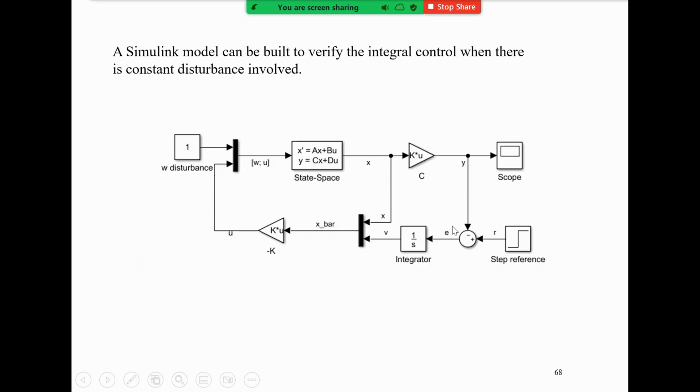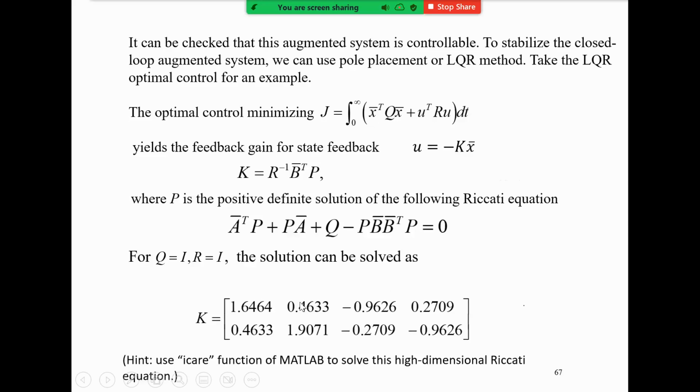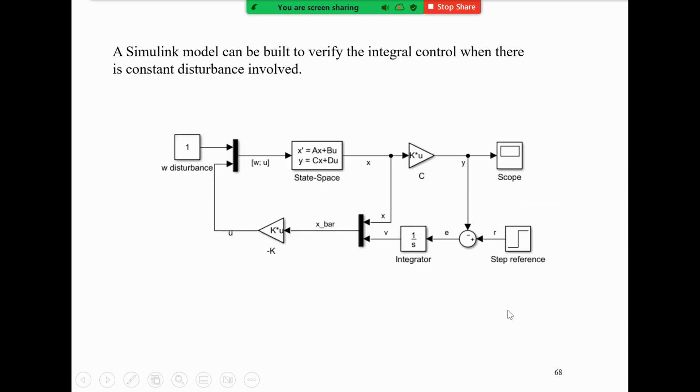And also here, I gave you a Simulink model. I would suggest you build your own Simulink model, probably follow this way, probably follow another way, to reproduce the result here, this example. Try to do that because in your mini project, you have a more complicated system to deal with.